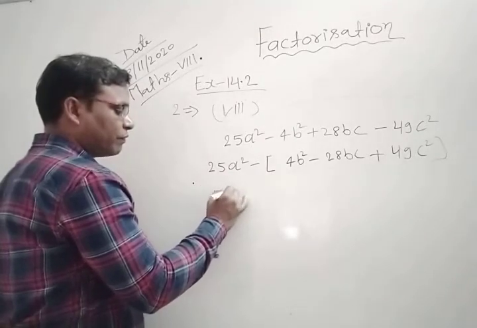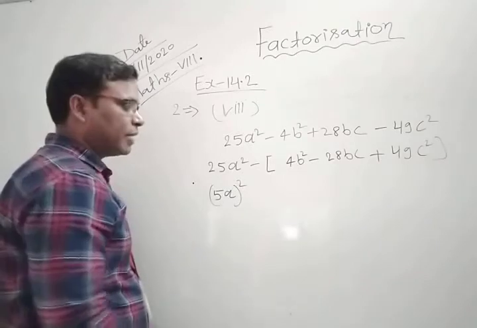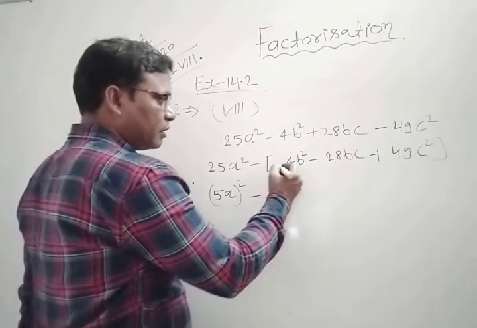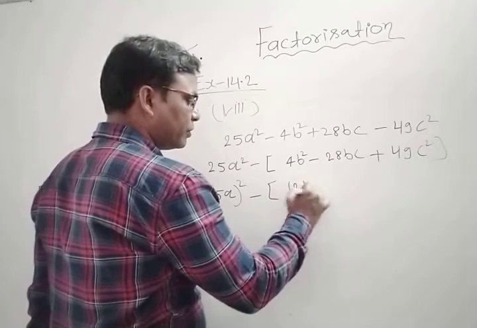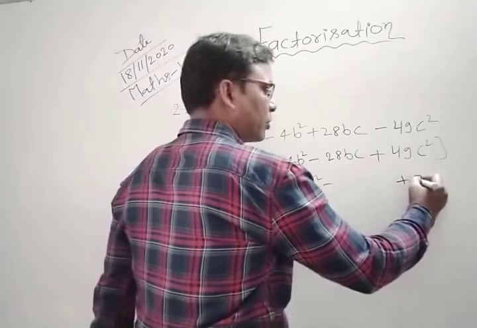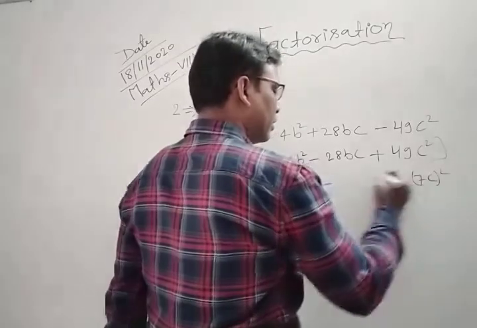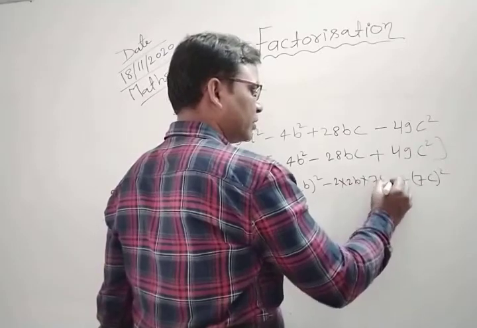So you can write it as the whole square of 5a minus the whole square of 2b, minus plus, and this is the whole square of 7c, which becomes 2 into 2b into 7c.